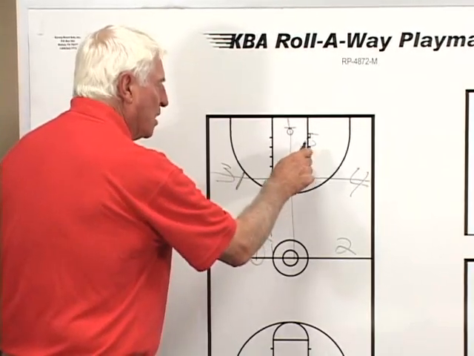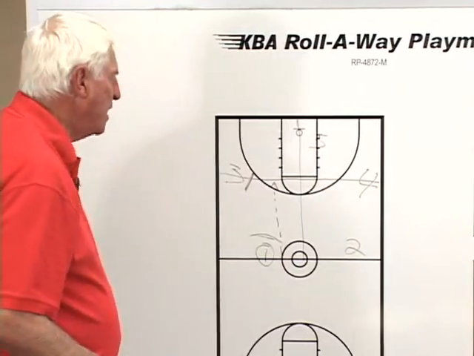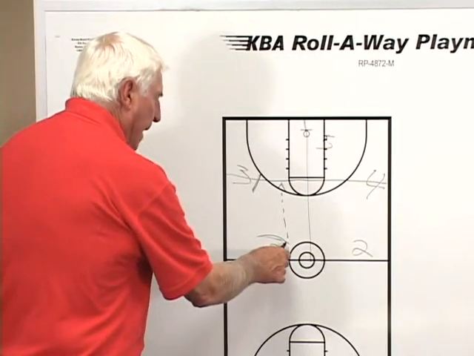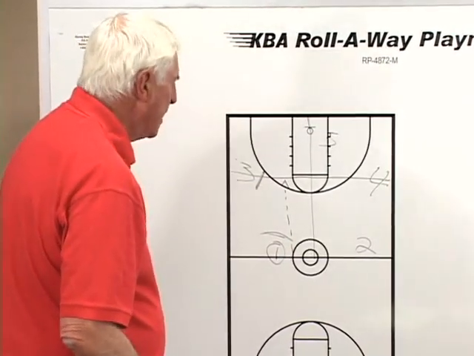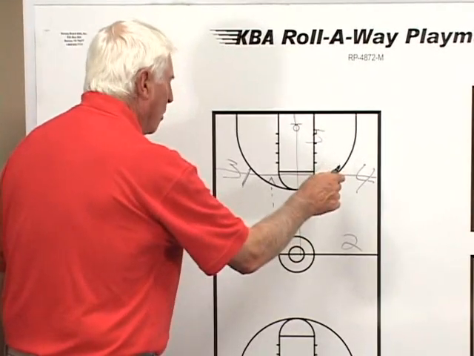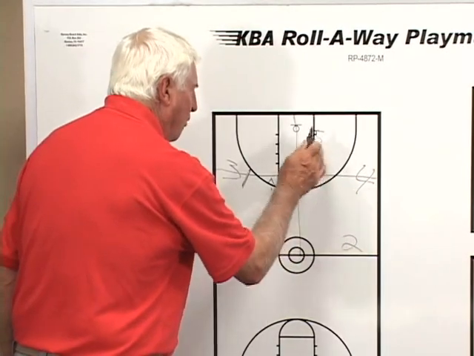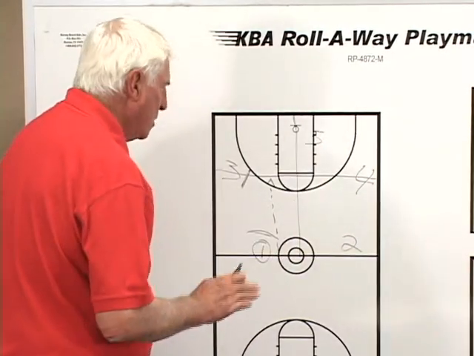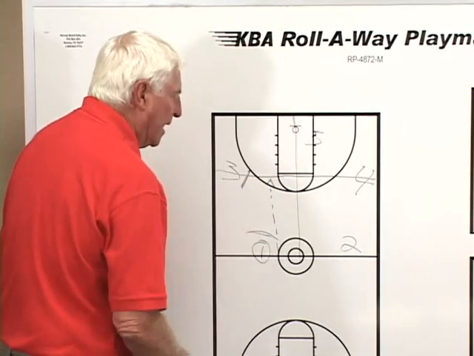In this situation, we have the postman opposite the ball side. So we have a man on the ball, we have a man contesting the most logical pass. Everybody else, 3 defenders now over here. Every one of these 3 defenders playing 2, 4, and 5 is with the ball above the foul line extended.